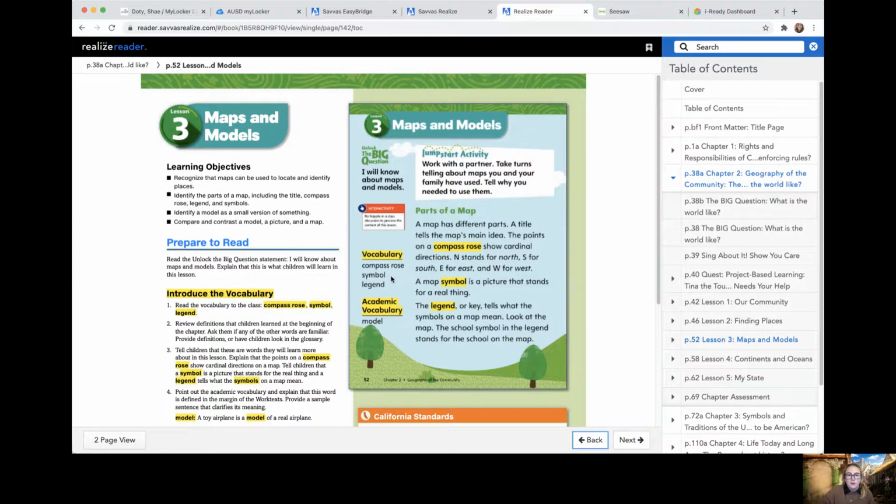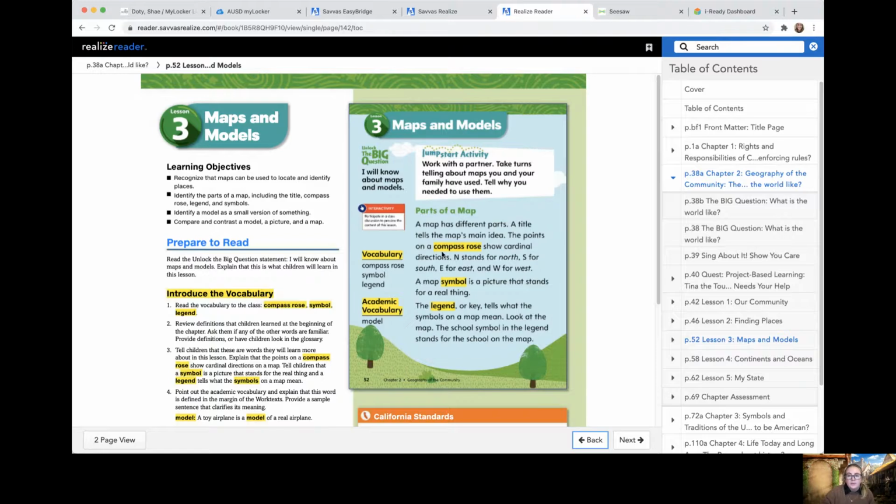So some of the new words that we're going to be talking about today are compass rose, symbol, and legend. So we are going to be talking about the different parts of a map. A map has different parts. A title tells the map's main idea.